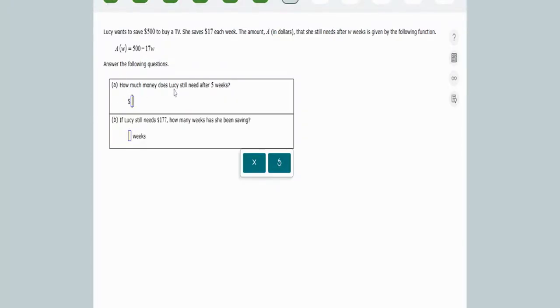So how much money does Lucy still need after 5 weeks? If we put the number 5 into our equation, we are going to get 500 subtract 17 times 5.